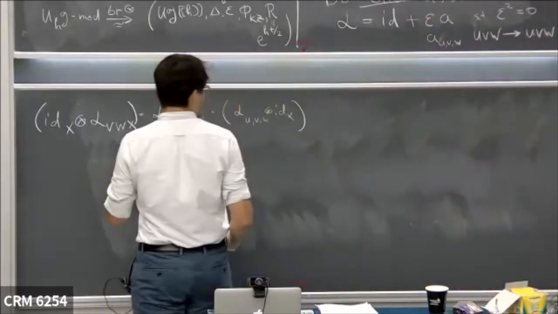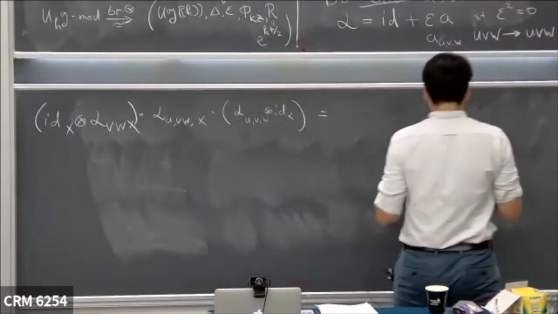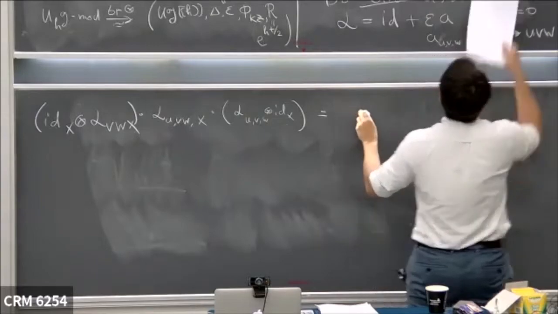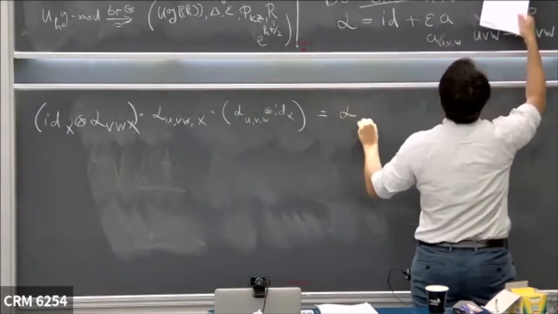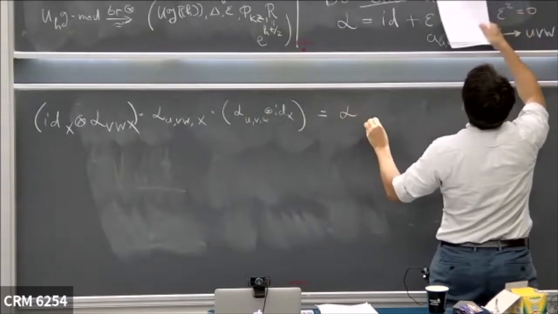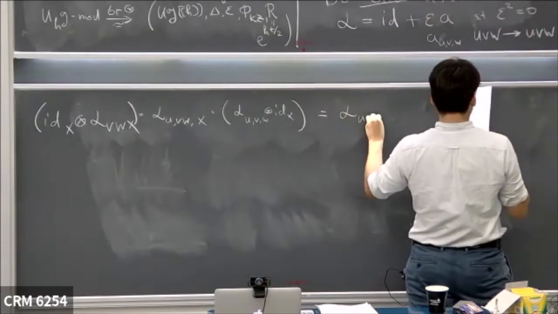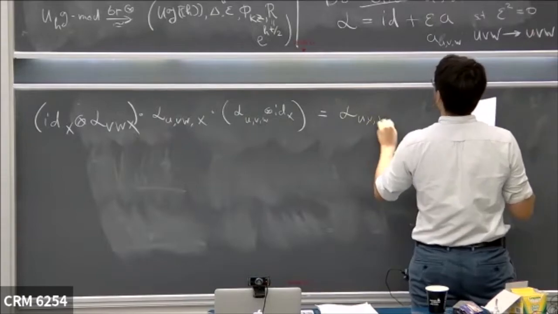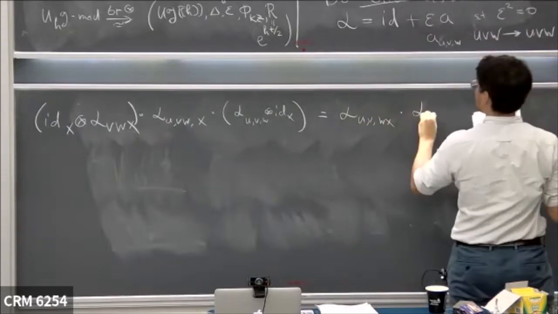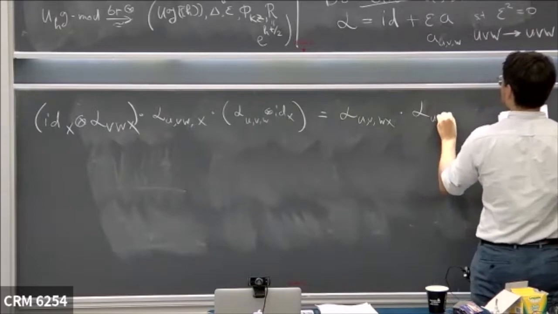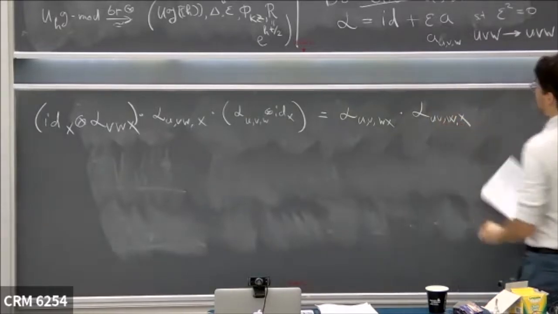And this has to be equal to, the last thing was alpha on U, V, and WX, and the first was U, V, and W and X, right?